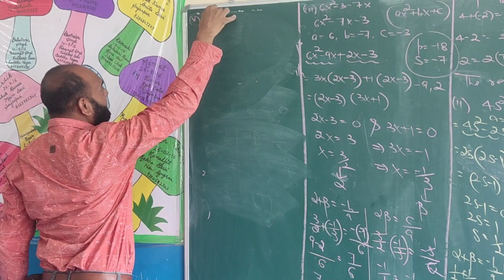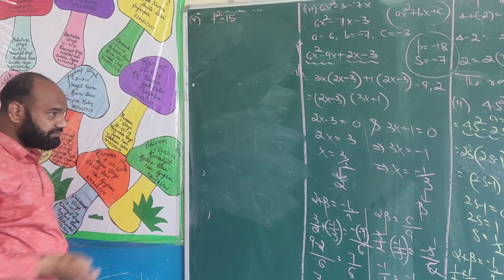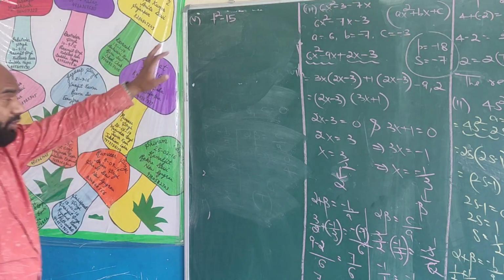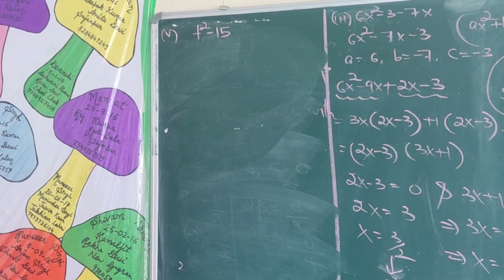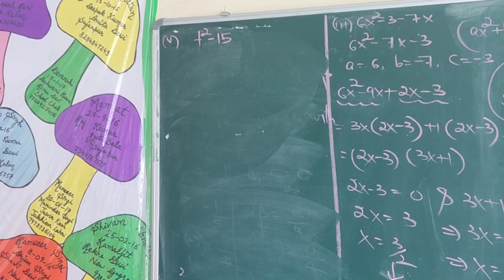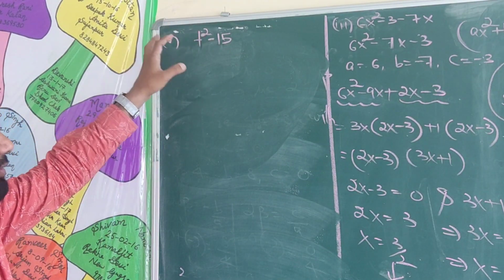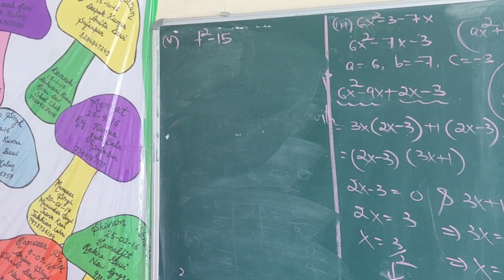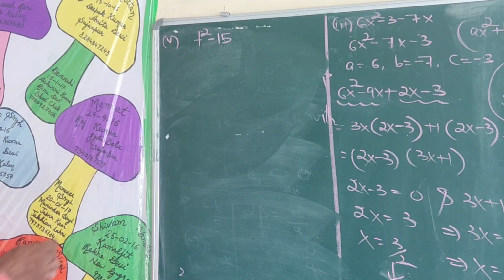Here, minus 15. In this question, first of all we have to find the zeros of the polynomial, and secondly find the relation between the zeros and coefficients of the polynomial. In this polynomial, which is also an incomplete quadratic polynomial because the term of x is not present, all three terms are not present.